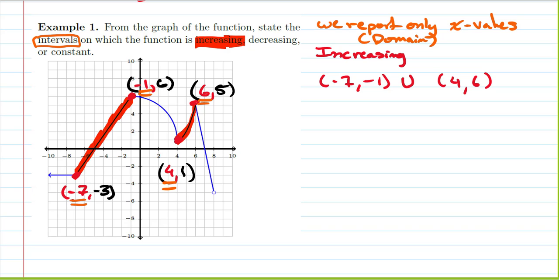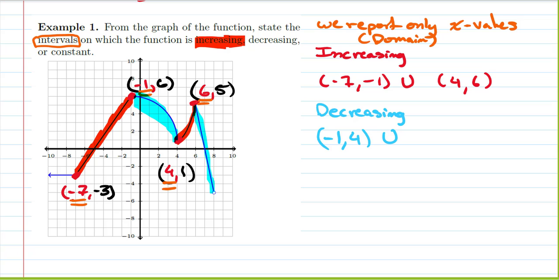Similarly, when we want to talk about decreasing now, our graph is going down as we go from left to right, from here to here, and here to here. So when we do decreasing, once again, we are only going to be talking about our x values. So on this first part where it's decreasing, we have -1, and it decreases until x is 4.